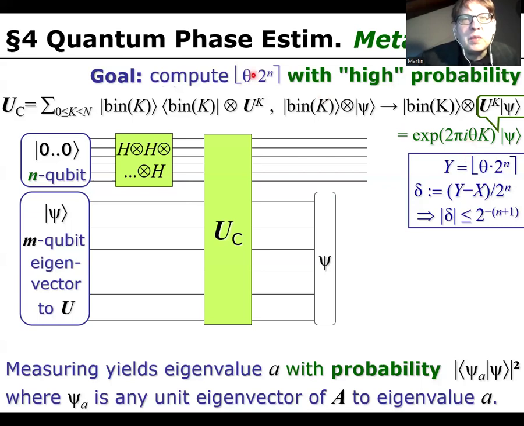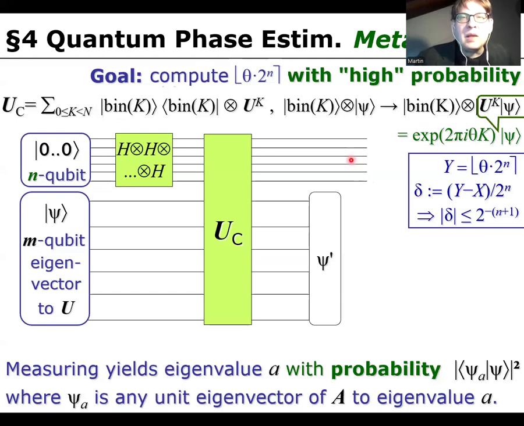So we want to approximate the phase theta, and this one is an eigenvector of U, and therefore it's also an eigenvector of U to the k, but with eigenvalue the kth power of this, which means k times the phase here. So this will be the result here, the new vector psi prime, as I should better call it.